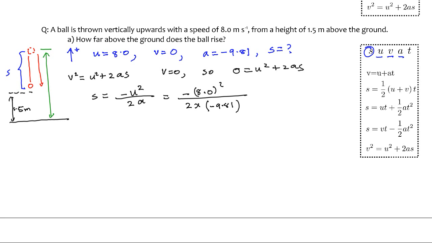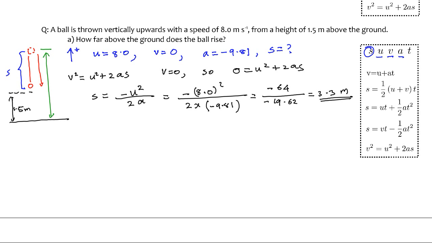So this is minus 64, and at the bottom I get 2 times 9.81, that is 19.62, and 64 divided by 19.62, I get 3.3 meters. That is my displacement.